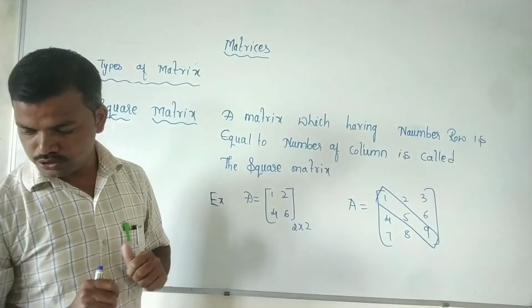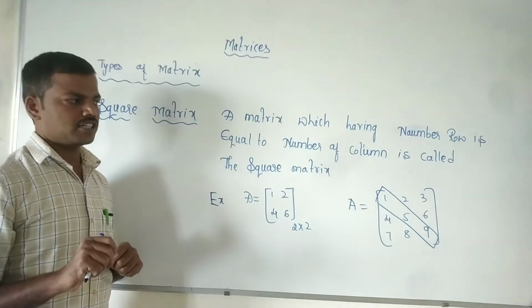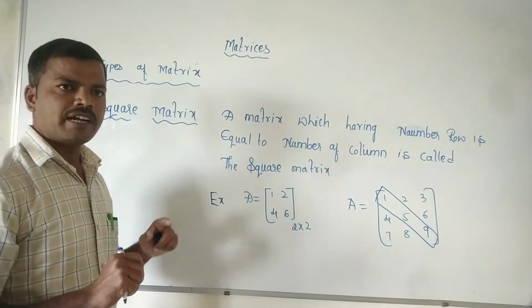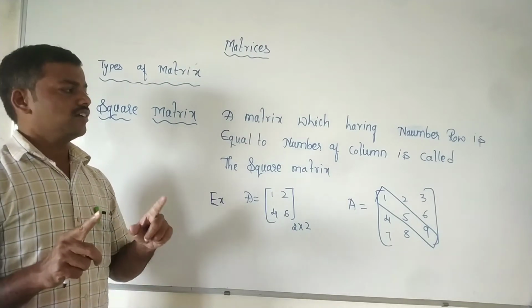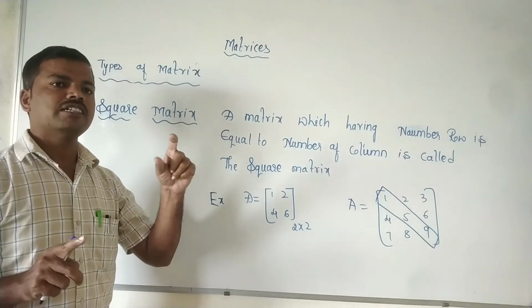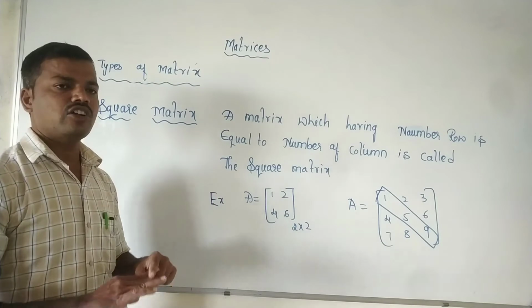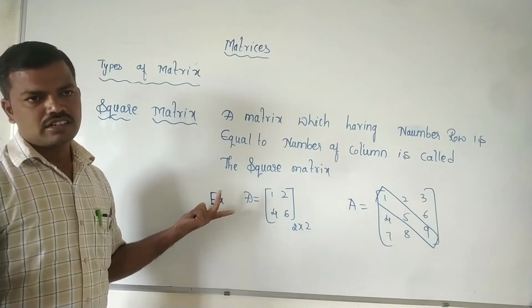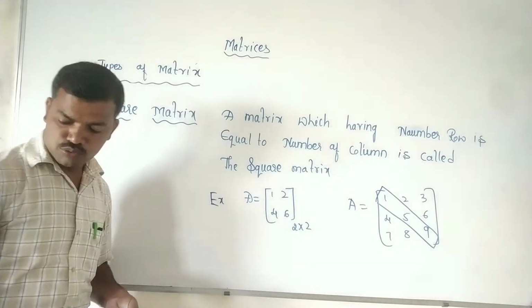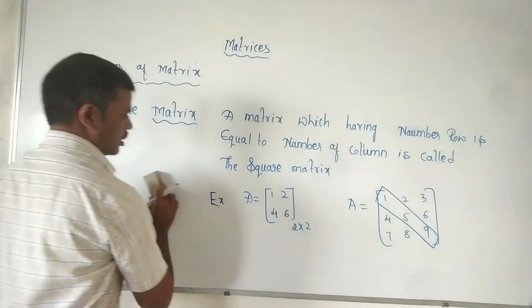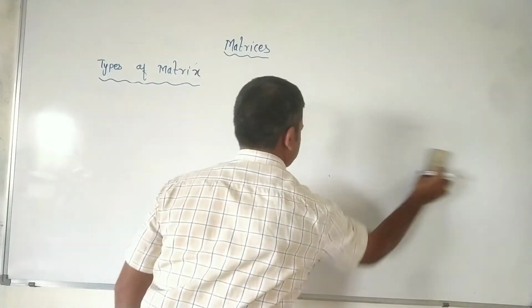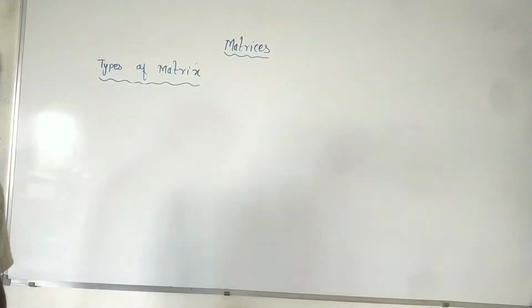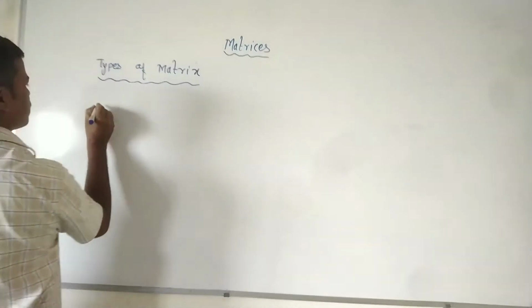Now we have to define what a unit matrix means. A unit matrix is nothing but a square matrix in which the principal diagonal elements are unity and the non-diagonal elements are 0. That is how we have to define it.